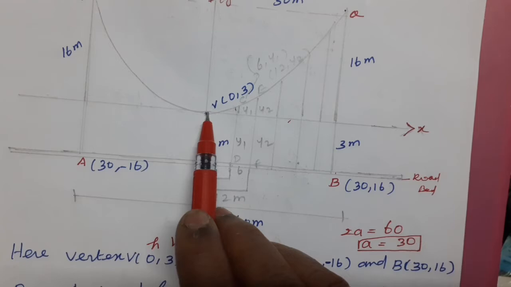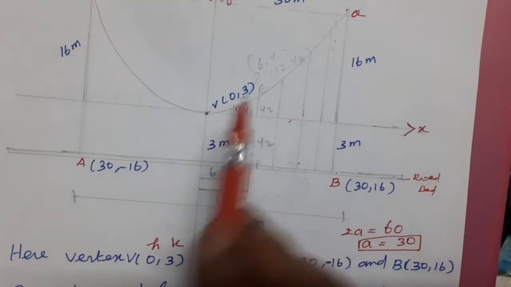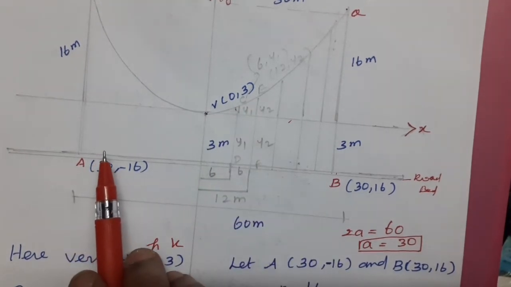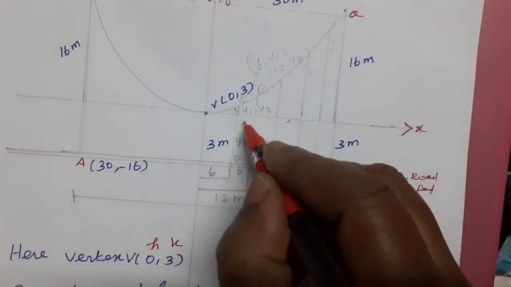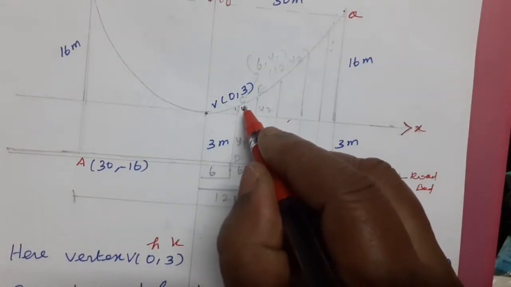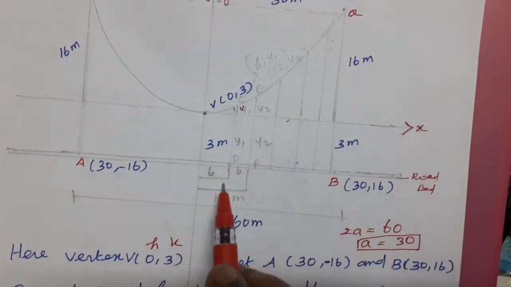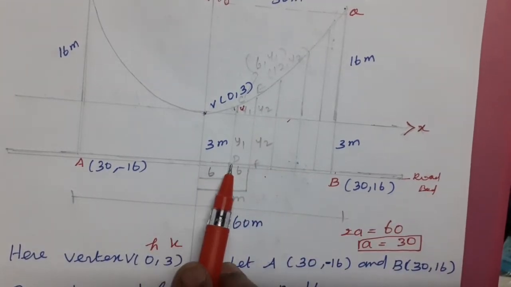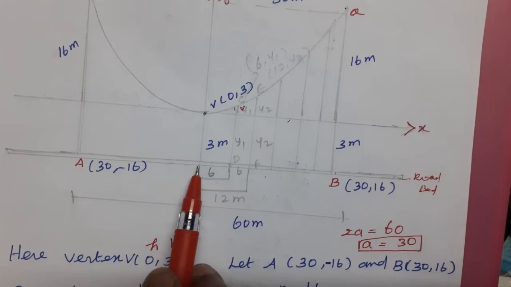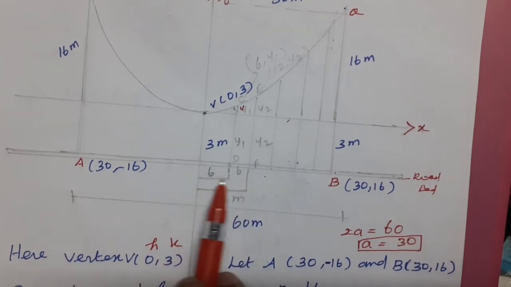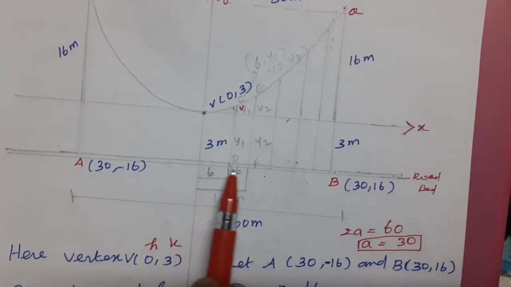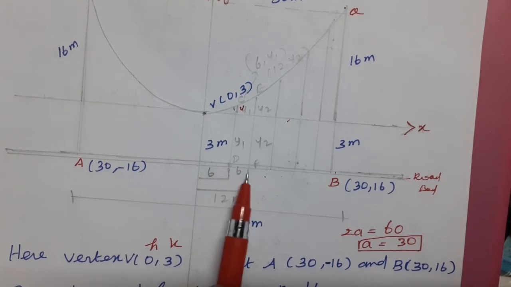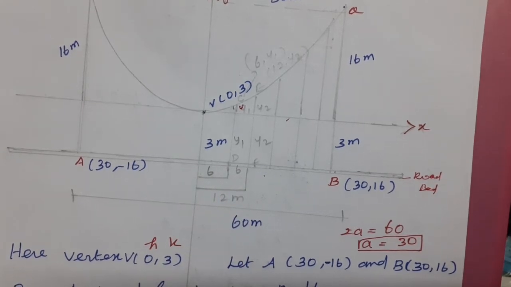So now the vertex is not the origin, the vertex is 0, 3. Now we are going to find the lengths y1 and y2. The distance from the vertex to the first cable is 6 meter. The distance from the vertex to the second cable is 6 plus 6, 12 meter, because the distance between the two cables is 6 meter.